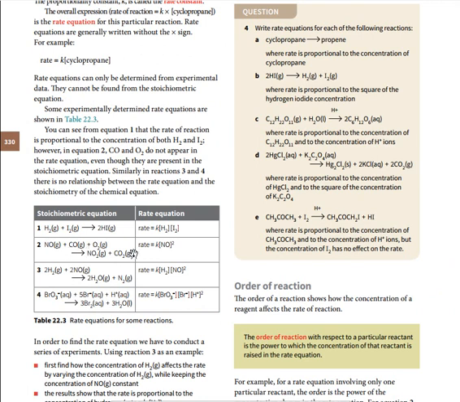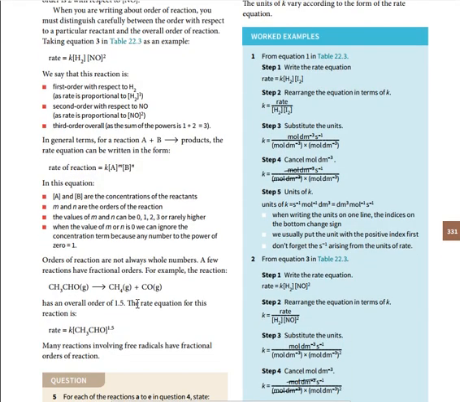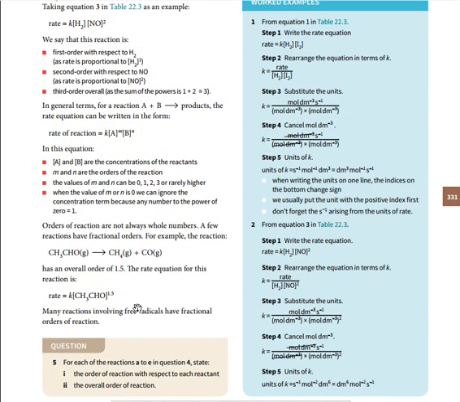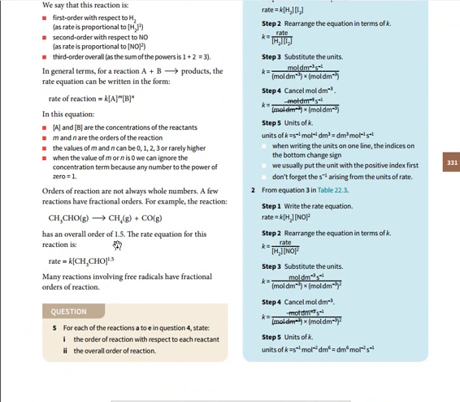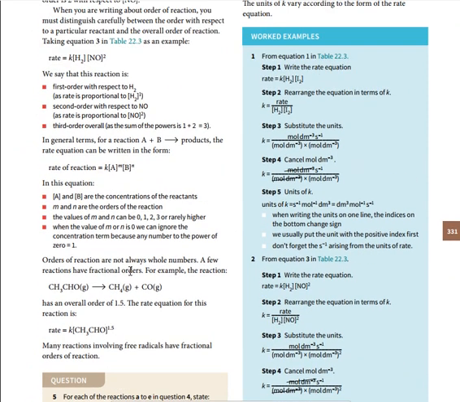That's the first point. The second thing is that the stoichiometry of NO here is 1, but the partial order is going to be 2. So the partial order does not depend on the stoichiometry of the molecule in the balanced equation, but instead depends on experiments. This is why here you have this stoichiometry as 1.5.